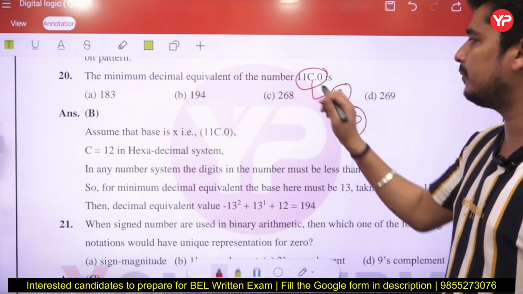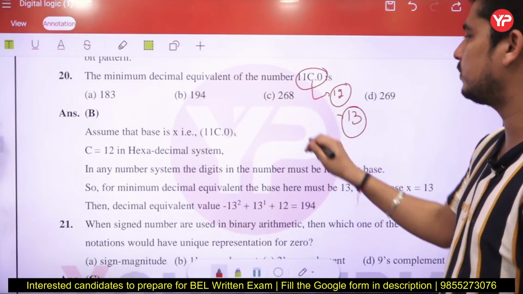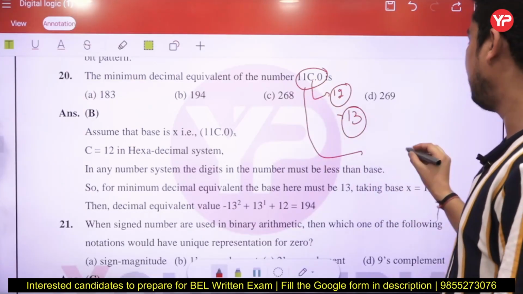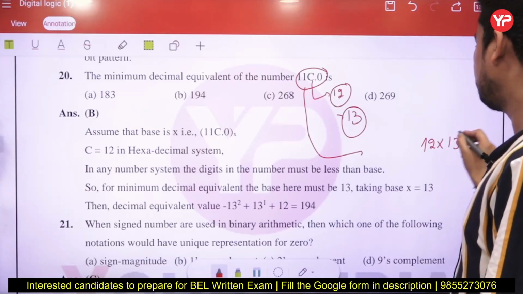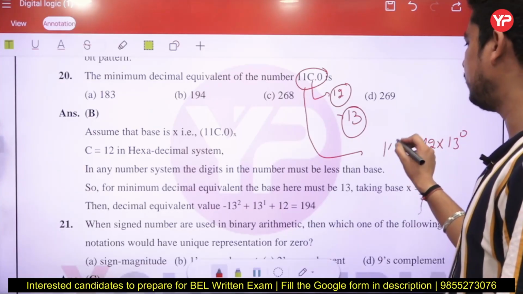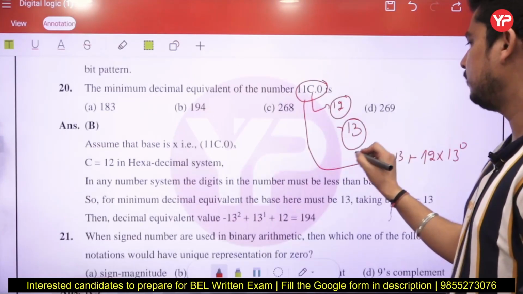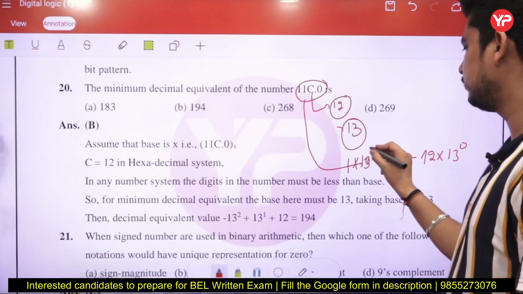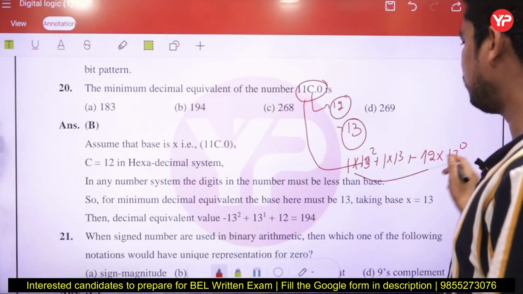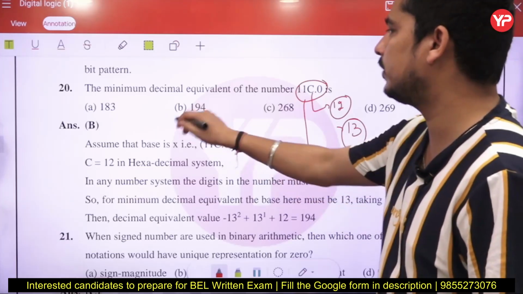So if you want the minimum decimal equivalent for this one, you have to choose the base as 13, and then you have to represent 12 into 13 to the power 0, then 1 into 13, then plus 1 into 13 to the power 2, and then add them together, you will get 194. The answer will be B.